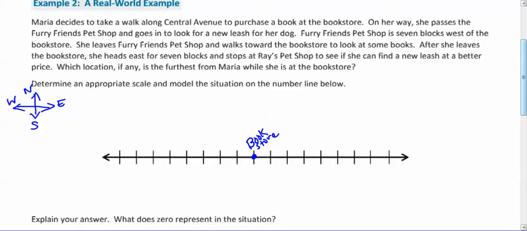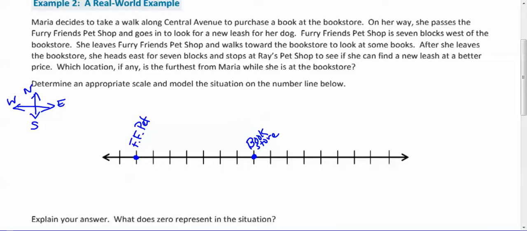So 1, 2, 3, 4, 5, 6, 7. So you're counting the jumps from the bookstore. This is where Furry Friends is. So Furry Friends Pet Shop is right there.